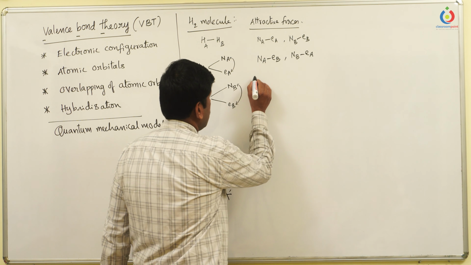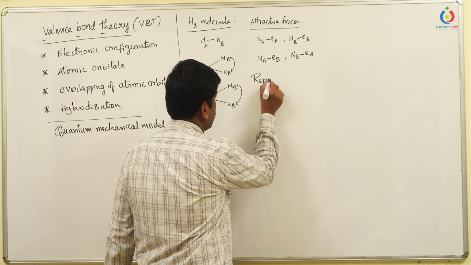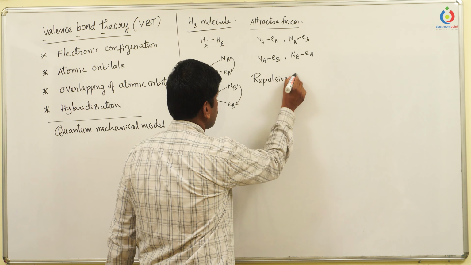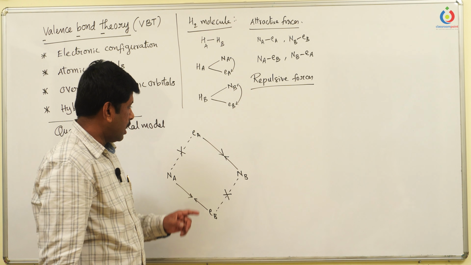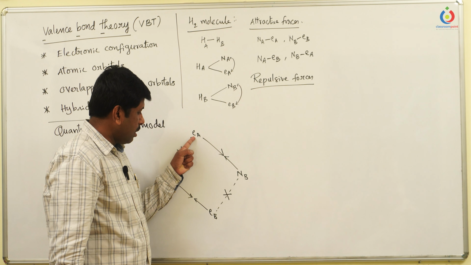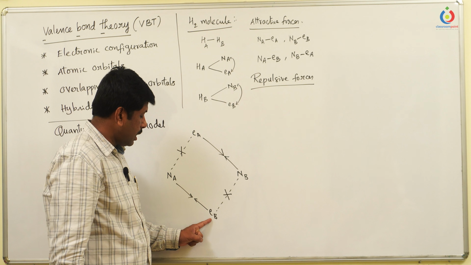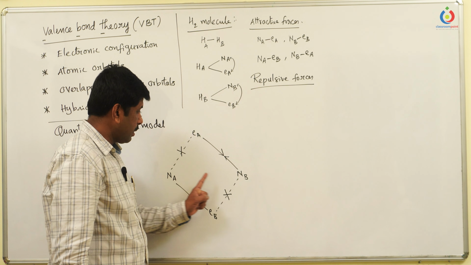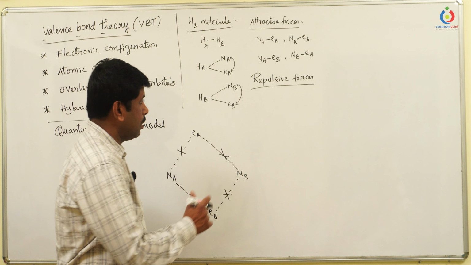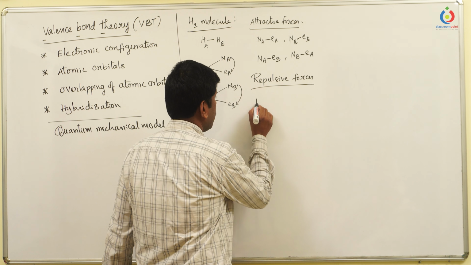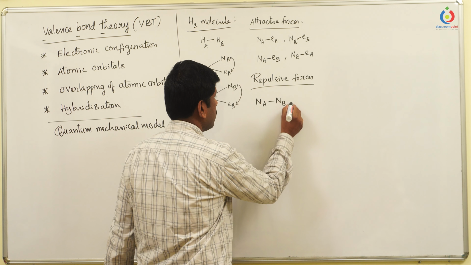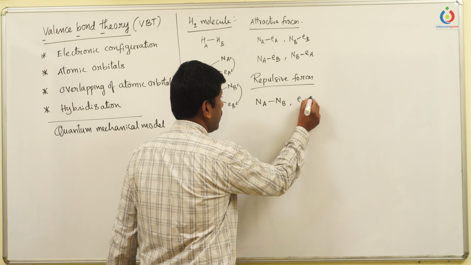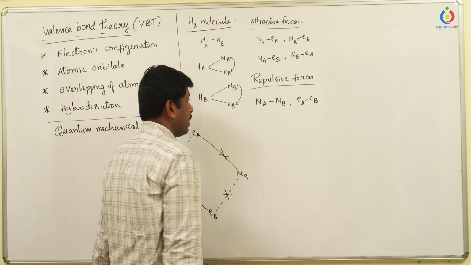At the same time, there will be repulsive forces also. The repulsive forces are that the electrons of one atom repel the electrons of the other atom, and the nucleus of one atom repels the nucleus of the other atom. So the nucleus of the A atom repels the nucleus of the B atom, and similarly the electron of the A atom repels the electron of the B atom.